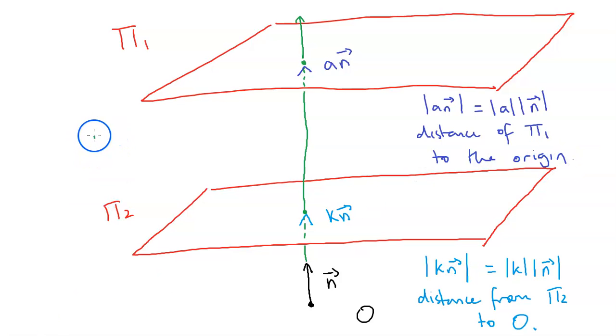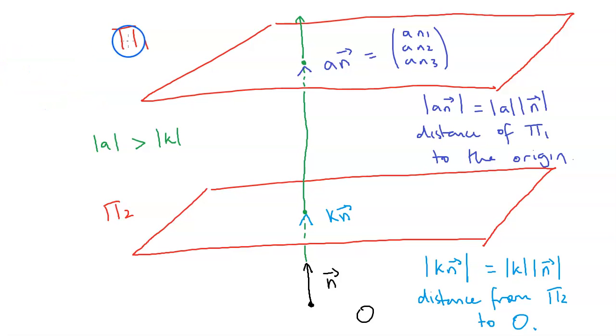And clearly we also have that the absolute value of a is bigger than the absolute value of k. Now observe that an is equal to an1, an2, an3. So that is a point inside of the plane. That means a point inside the plane has coordinates an1, an2, and an3.